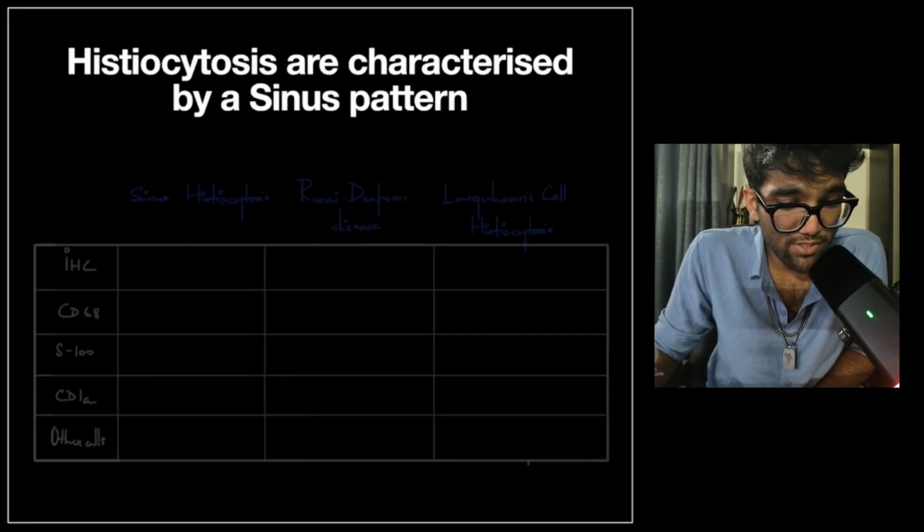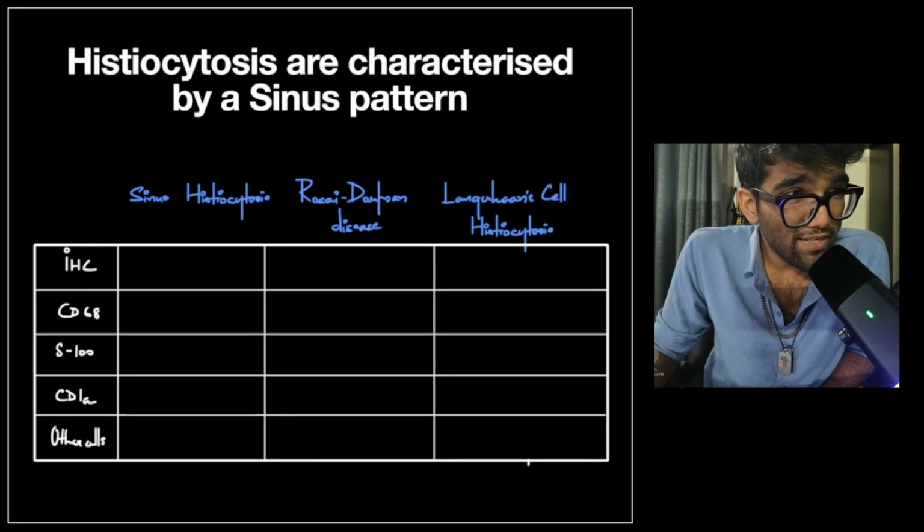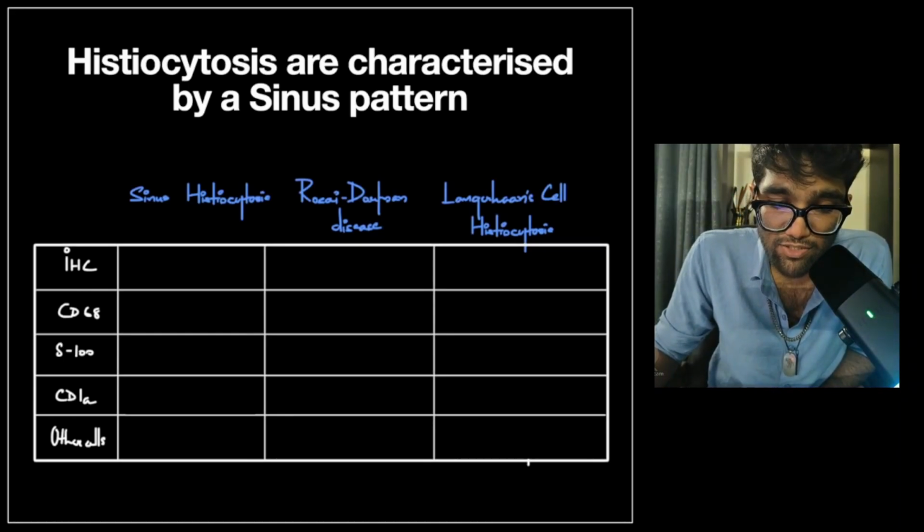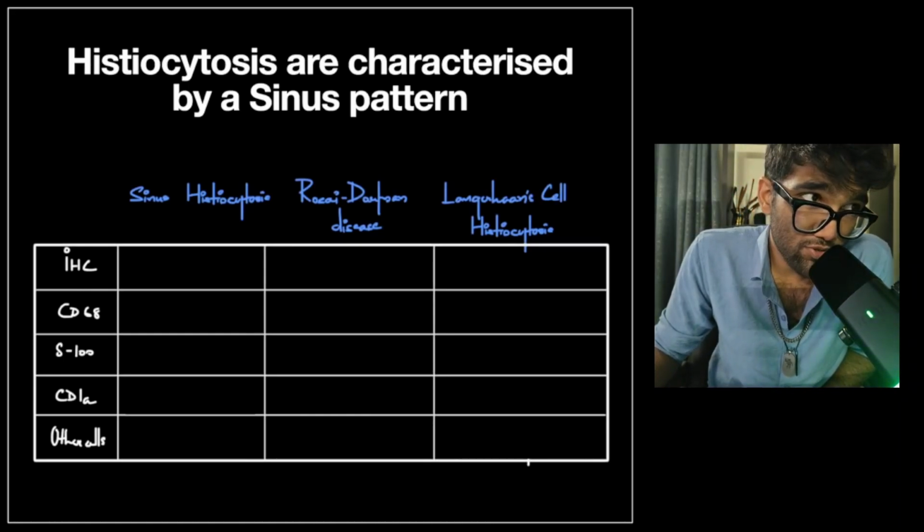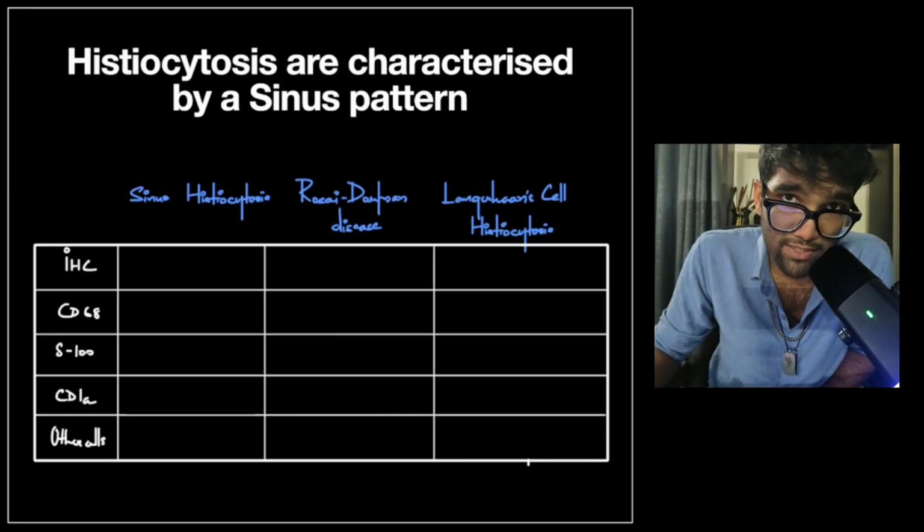Now, histiocytoses at a very basic level can be differentiated based on their immunohistochemistry, because all of them show large cells with relatively small nuclei that have infiltrated into the sinuses. The IHC marker for normal sinus histiocytosis is CD68 and everything else negative.